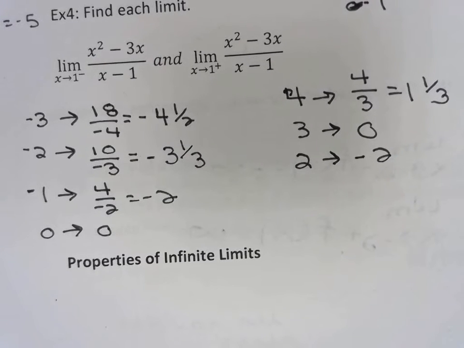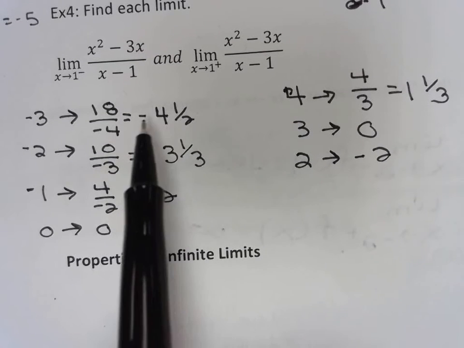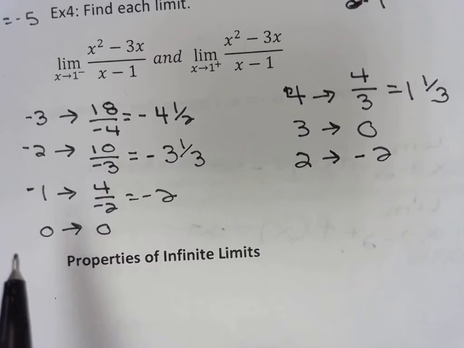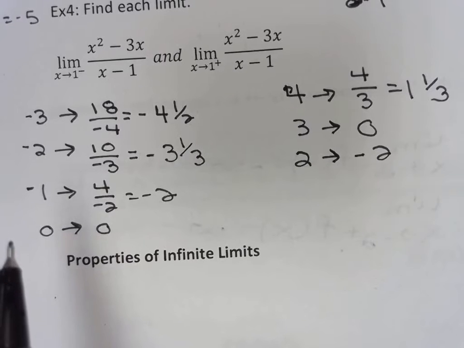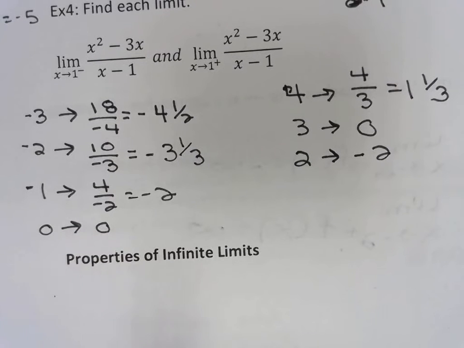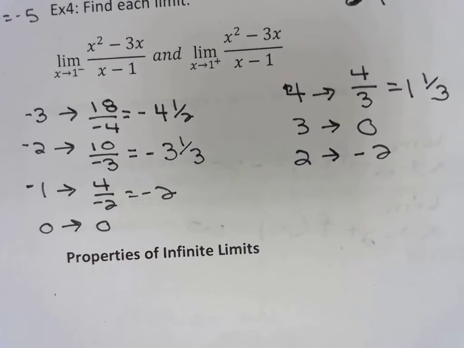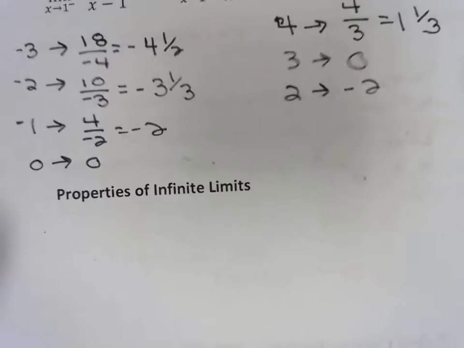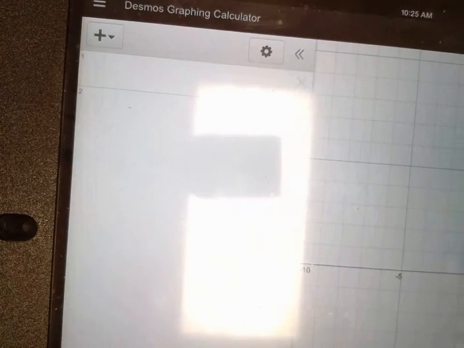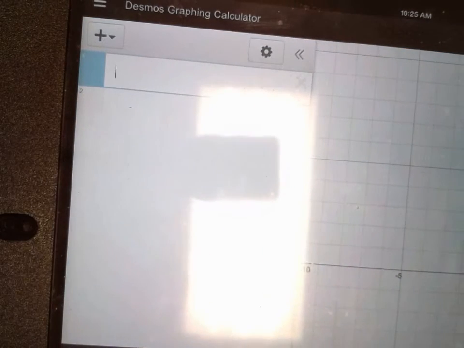If that doesn't show it, because this is going to 0, and negative infinity literally means I'm getting bigger and bigger negative numbers, so my negative numbers are getting larger and larger, then graph it. Kind of like the one we just did.